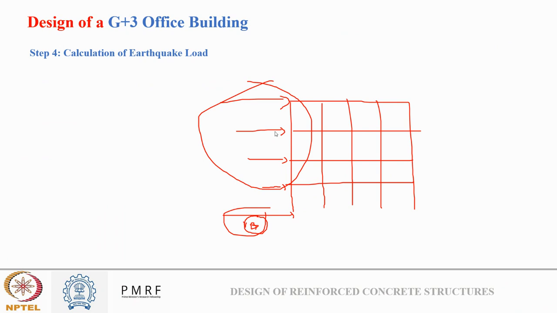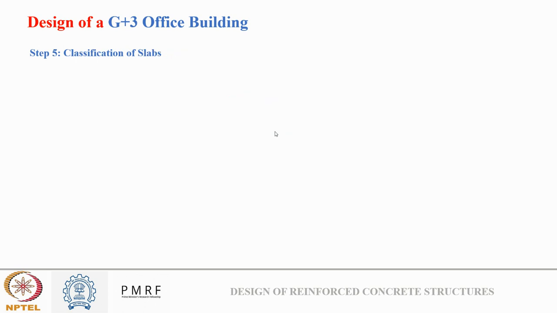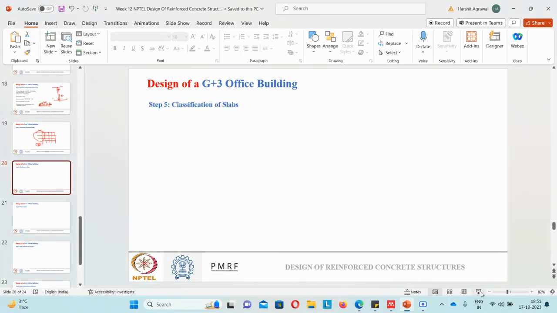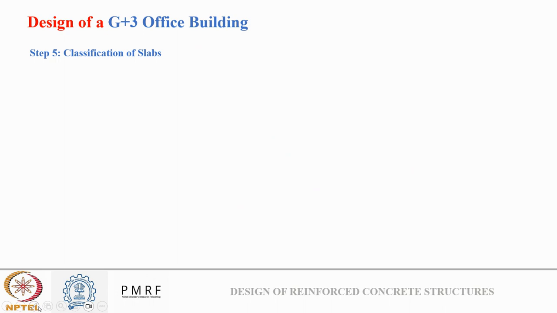Now in case of design, we learned how we proceed from slabs, then beams and columns, then footing, and then staircase. So once we know all the loads acting, we can design a slab. Suppose this is my slab of a particular floor.